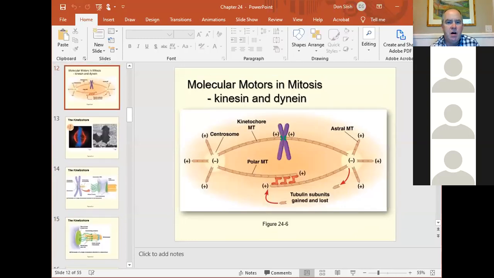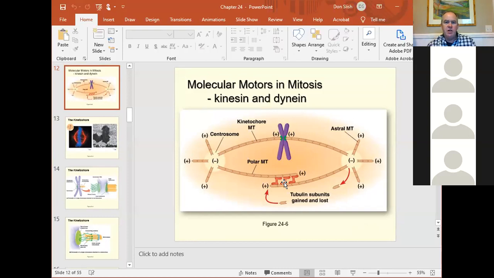Backing up, okay, so your kinetochore microtubules here. Then you've got these polar ones. They come from either side and they overlap. And in that overlap area, you've got molecular motors again, motor MAPs. I use both terms. I don't know which one you're familiar with.